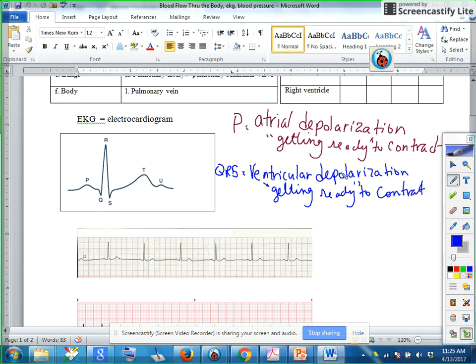Okay. What does depolarization look like? Remember in class we talked about the sodium ions and the potassium ions swapping places on the outside of the membrane? That is depolarization. So it's getting ready to make that action potential, make that action happen. And for our purposes, we're going to say Q is where the atria actually contract. And S is where the ventricles contract.